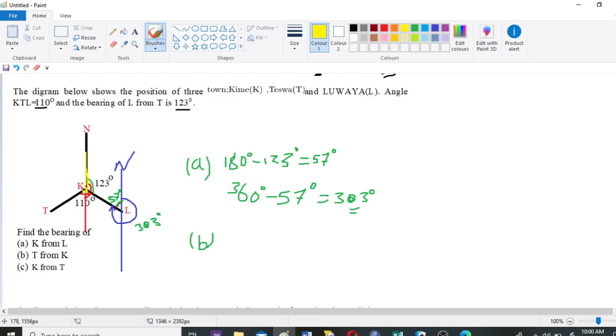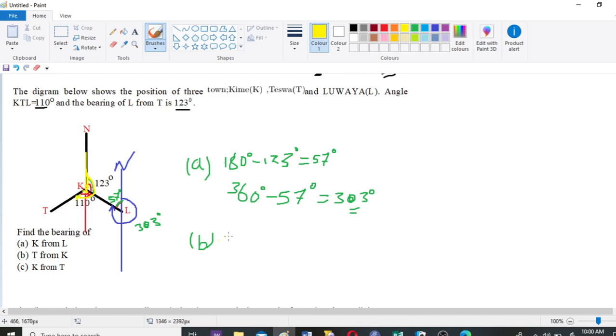So this is our starting line. Starting from here until we hit the line stretching from K to T, we see that we are here. Now what is this bearing?